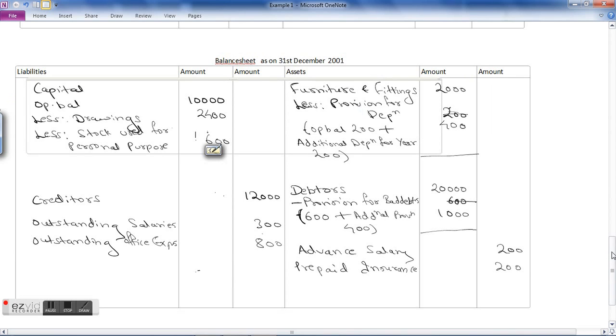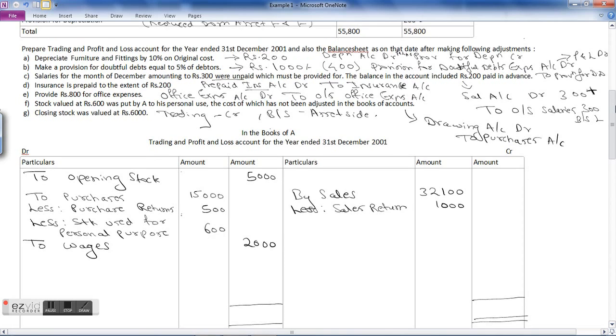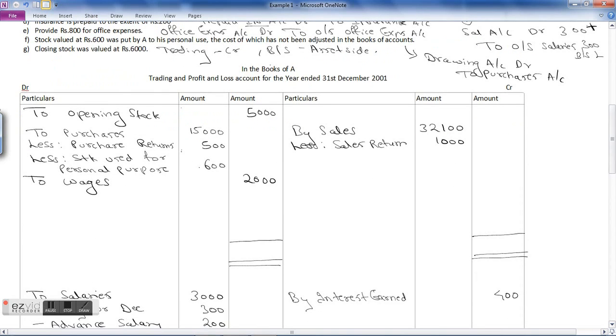Okay, now the next one, closing stock was valued at rupees 6000. So for closing stock, the entry will be stock account debit to trading account, correct?